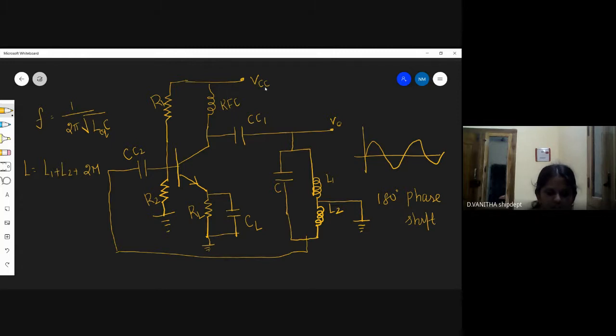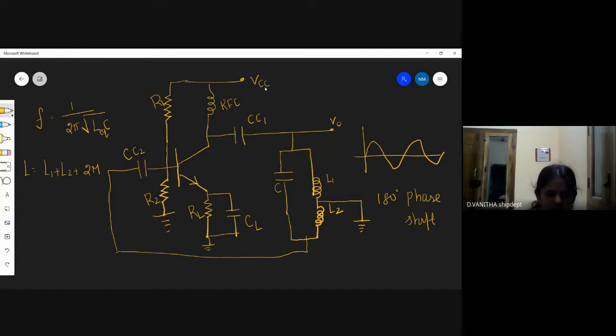Here the inductance and capacitance are connected in parallel, which is used to determine the frequency. The feedback added for oscillation is taken from the coil. This is the tank circuit. Here two coils are introduced. These coils are used to give the feedback for oscillations.